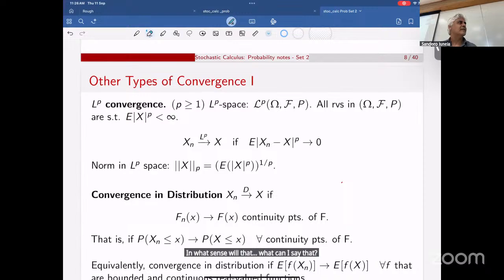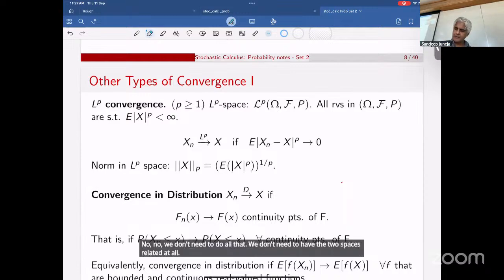We don't need to have the two spaces related at all.